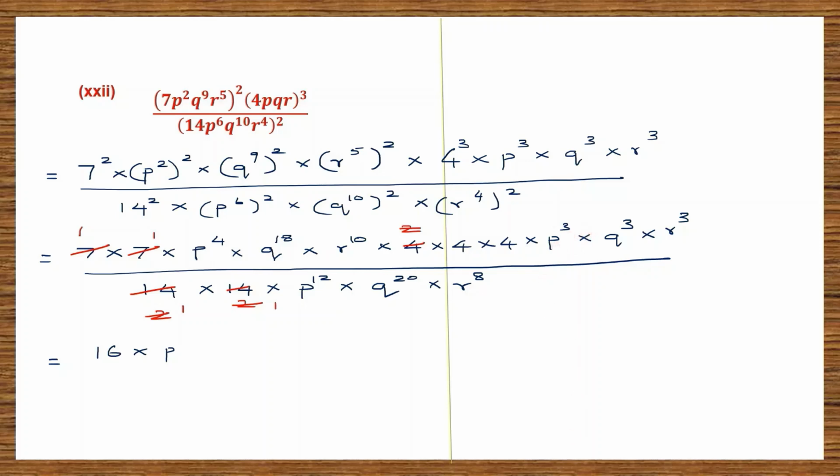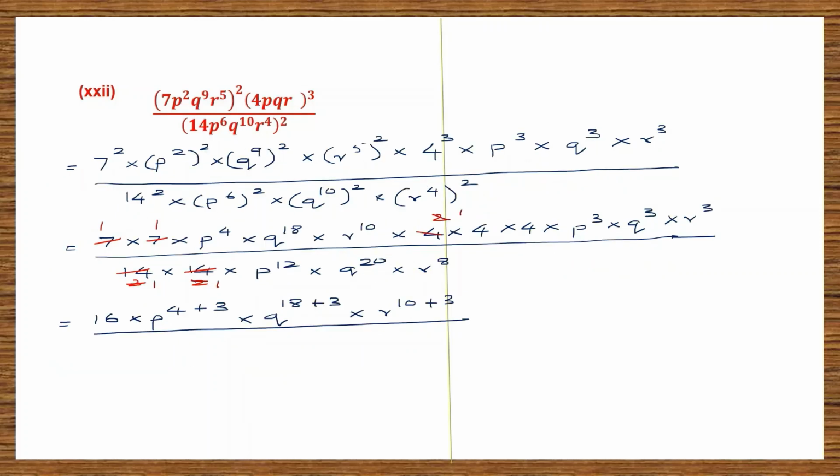Because it's multiplication, we can add the powers, 4 plus 3, into q to the power of, now here again we have 18 and 3, so that is 18 plus 3, into r, and r we have raised to the power of 10 and raised to the power of 3, so that is r raised to the power of 10 plus 3. So this is what we have in the numerator.